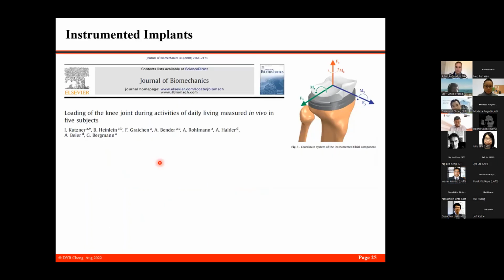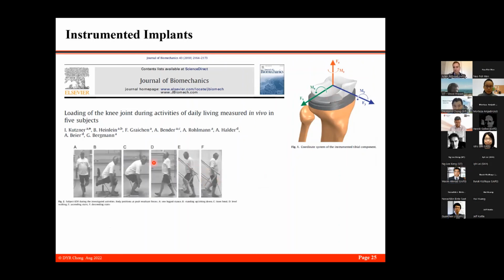Definitely, a group of researchers in Germany have come up with what we call instrumented implants. Can you imagine these instrumented implants? They have sensors, with strain gauges incorporated into the implants, and these implants are then fitted into actual patients.